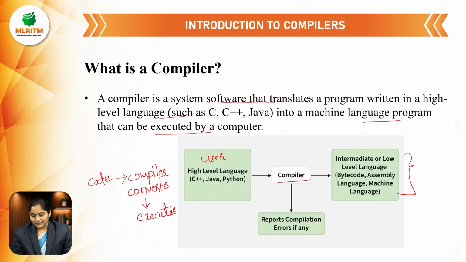Along with that translation, the compiler also performs error handling. Compilation is the process of checking the program for errors and converting the source code into equivalent machine or target code. If your program doesn't have any errors, we get executable code. If your program contains any mistakes, those errors will be reported by the compiler along with the line numbers.